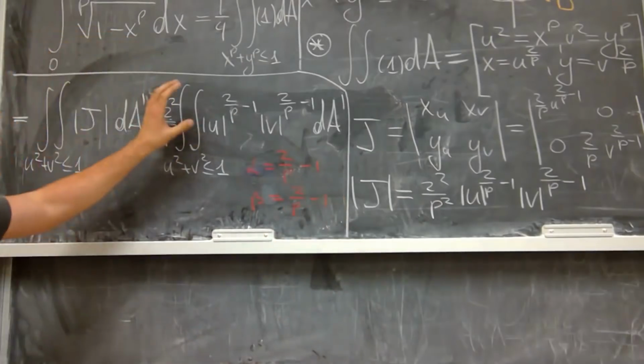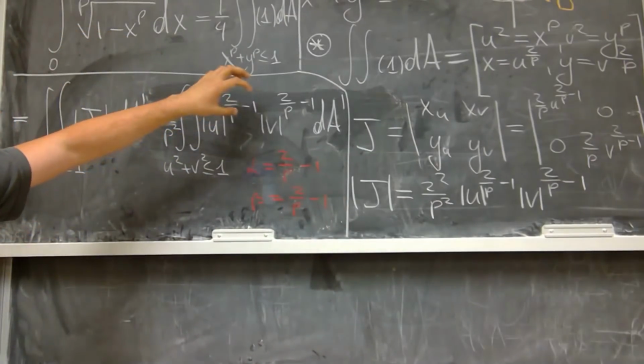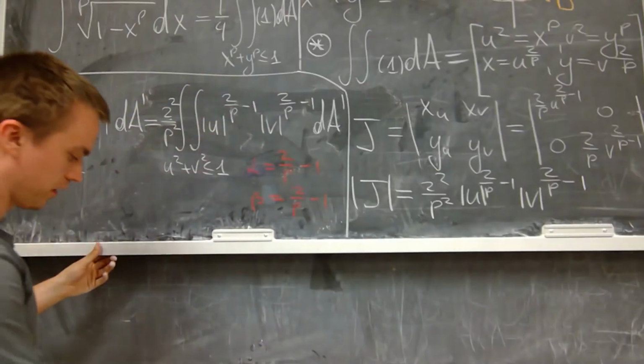So what I'm doing over here is just generalizing these exponents to be alpha and beta.